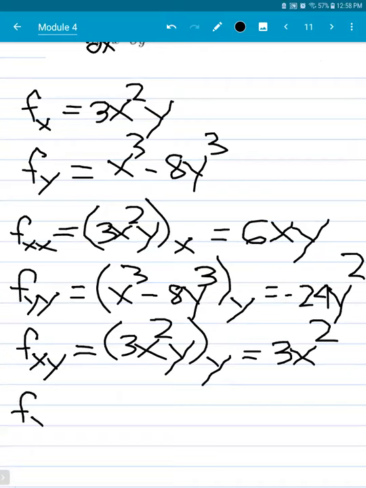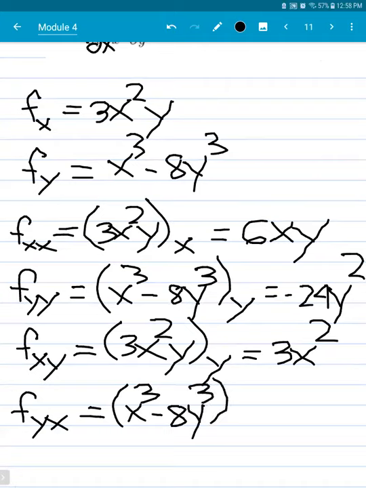And then finally, f by x, y first, then x. Partial with respect to y, and then with respect to x. Now, with respect to x means y is treated as a constant, so this becomes 0. And then we differentiate x cubed plus 3x.